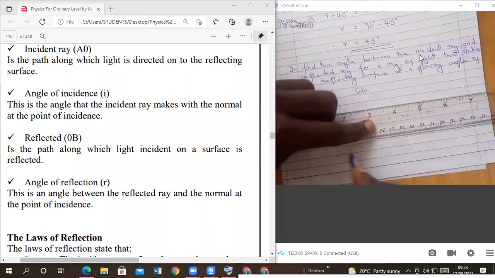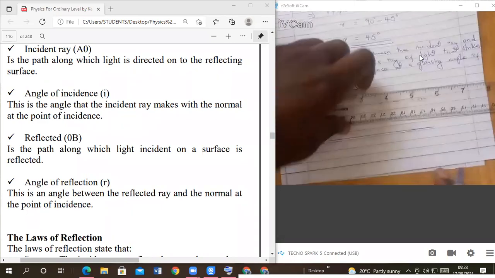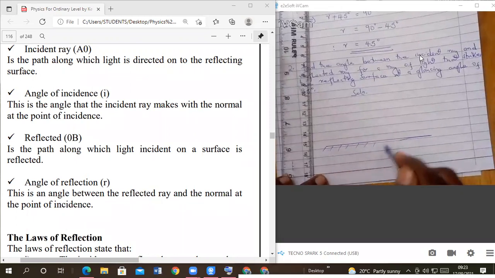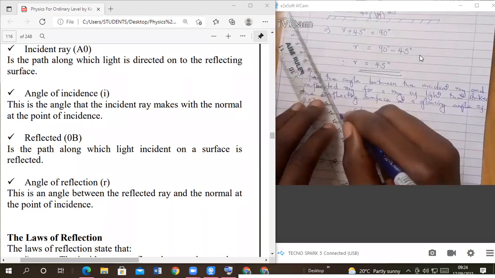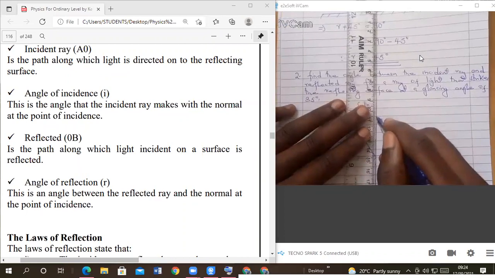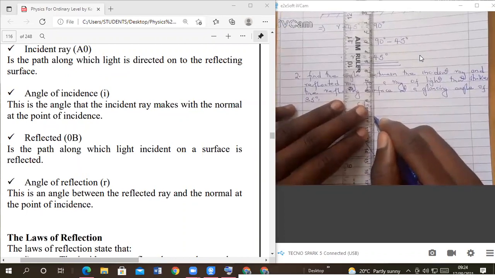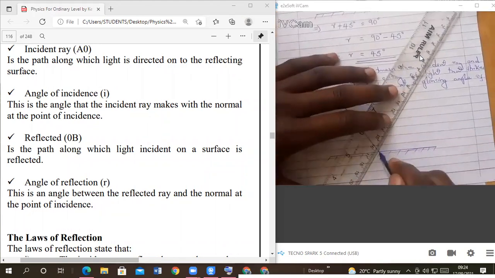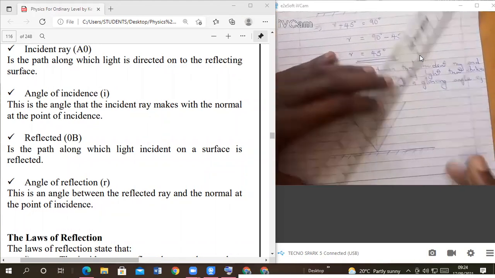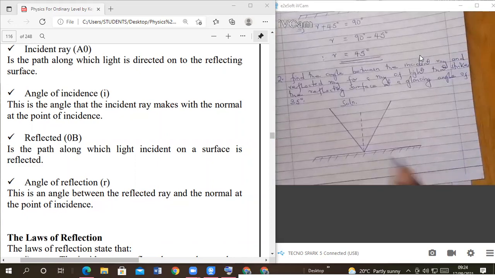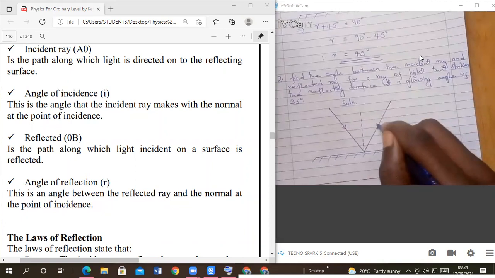This is the reflecting surface. A ray of light is incident. This is our normal, which must be at the point of incidence. Make sure you do it very well. They must be at a common point there.